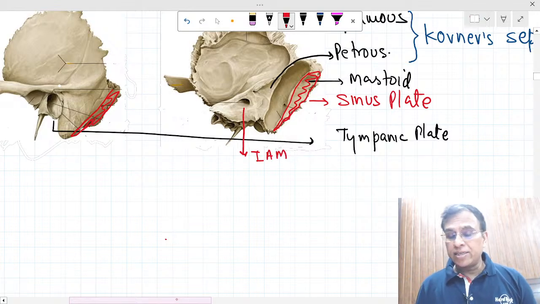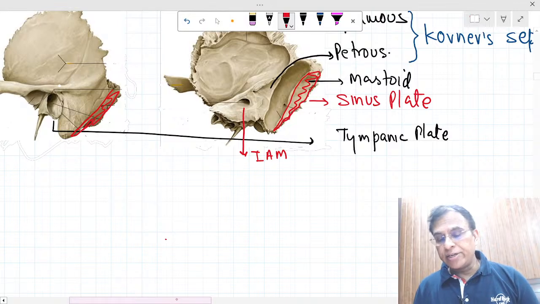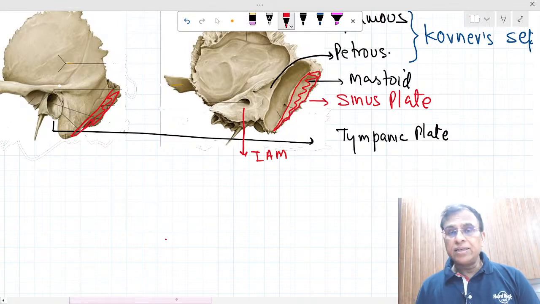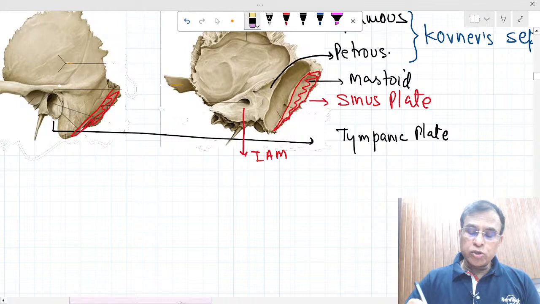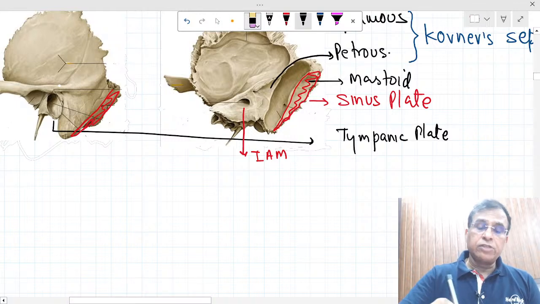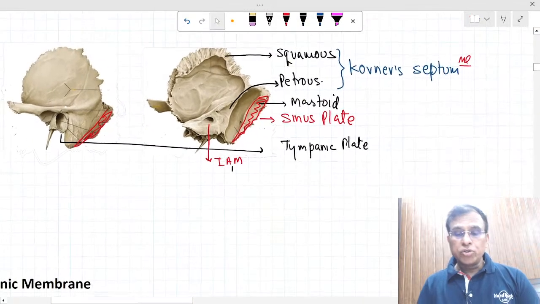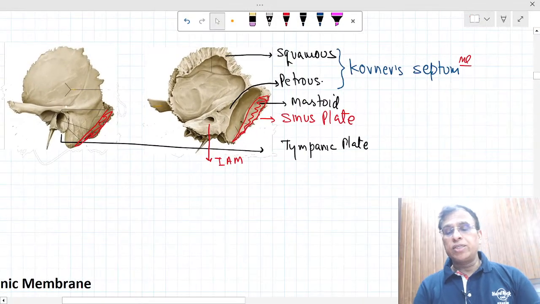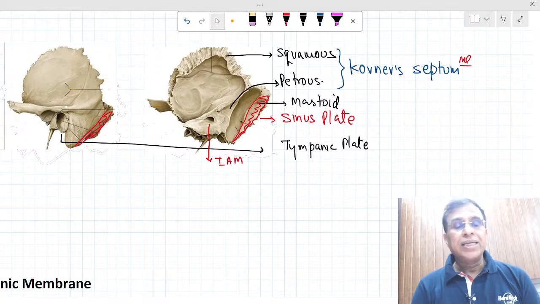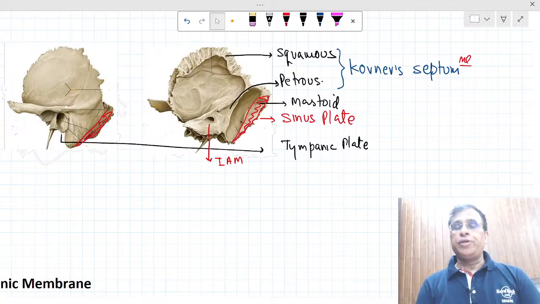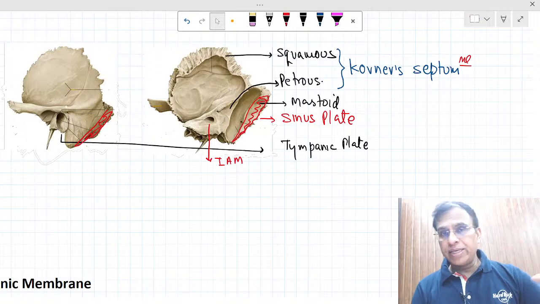So outside is the external auditory meatus, inside is the internal auditory meatus. This will also come into play as we proceed. So these are the points about this bone that you must remember: sinus plate, internal acoustic meatus, Korner's septum. These are the types of questions they can ask you from here. And this will complete the canal.